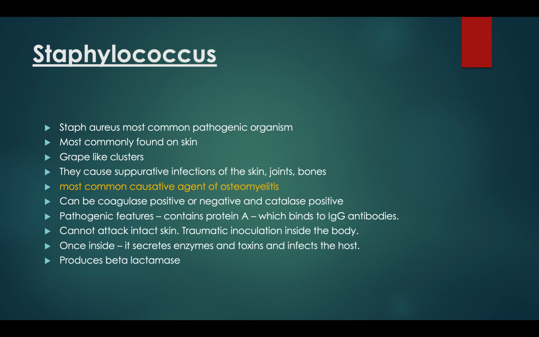These organisms can be coagulase positive or coagulase negative. That means they produce the enzyme coagulase, or they don't. So Staphylococcus aureus is coagulase positive, whereas epidermidis and saprophyticus are coagulase negative. You don't need to remember this. It's okay if you can't remember it.